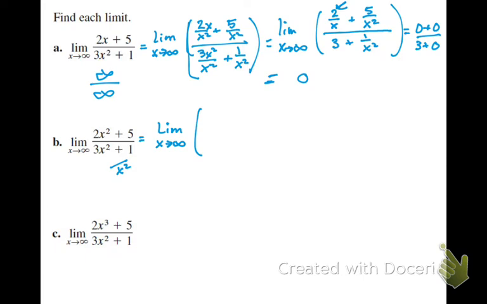I don't care about the numerator because I can divide 0 all day, can't I? So 2x squared divided by x squared is 2, plus 5 over x squared, over 3 plus 4 over x squared.